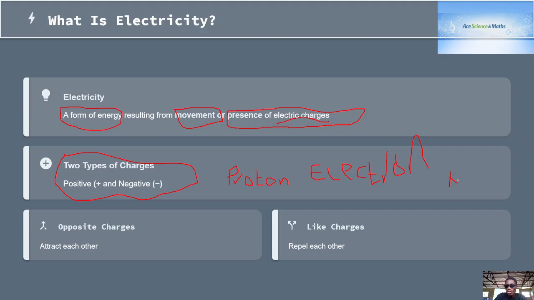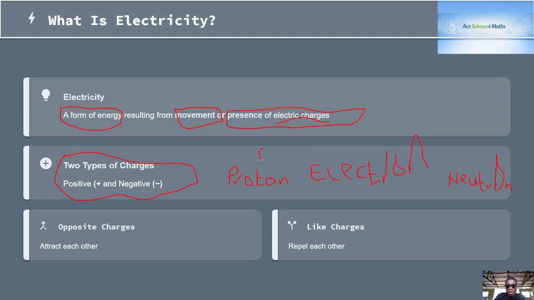Neutron is spelled N-E-U-T-R-O-N. Sorry, that is O. We have N. So we have protons, electrons, and neutrons in an atom.